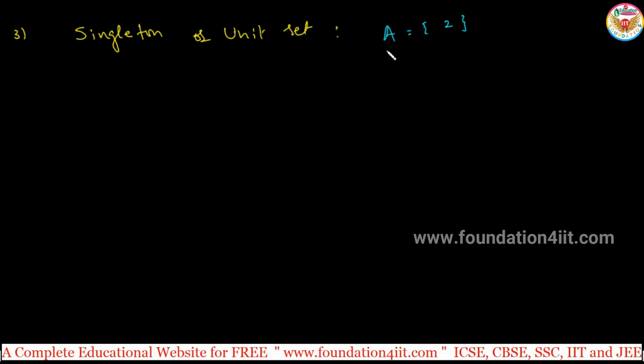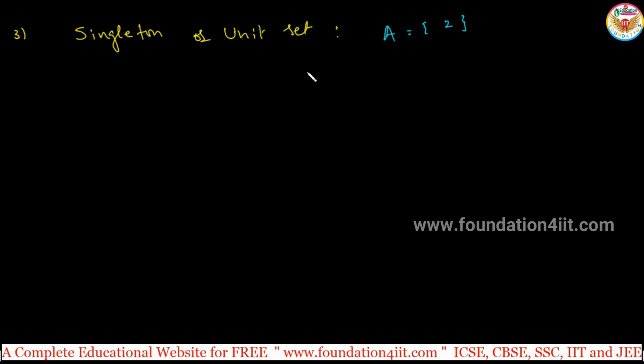This is also a singleton set. Or the set of whole numbers between 6 and 8. The whole number between 6 and 8 is only 7, so it is a singleton set. And even prime number, so 2, there's only one, singleton. That means a set which has only one element in it is called a singleton or unit set.